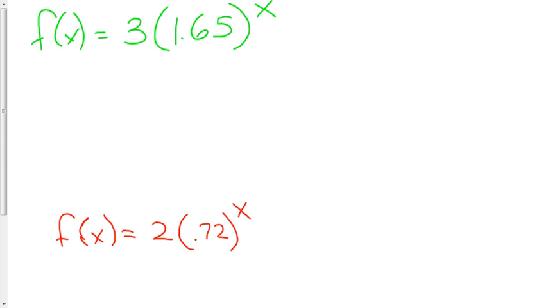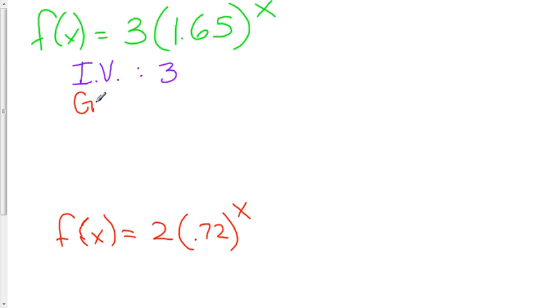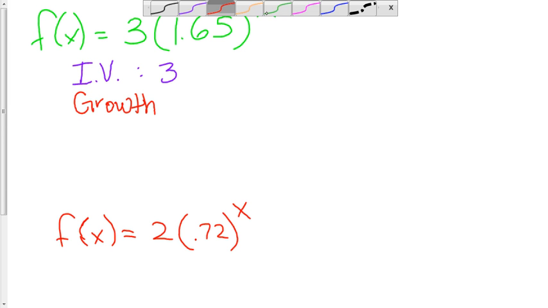So then, looking at a couple of examples, we have 3 times 1.65 to the x. So in this case, our initial value is 3. It is a growth function because 1.65 is greater than 1. Now, since it is a growth function, it is going to have a percent of increase.